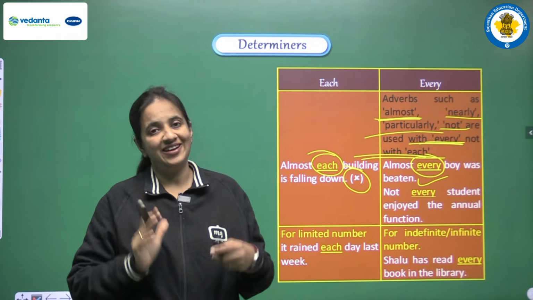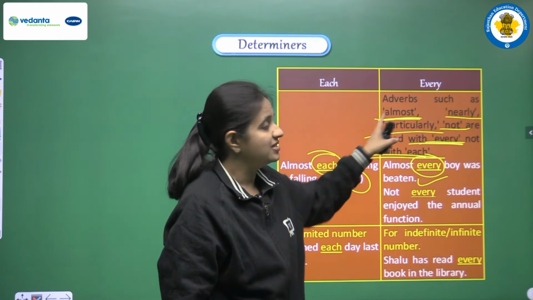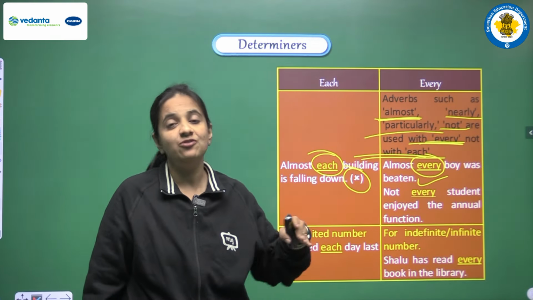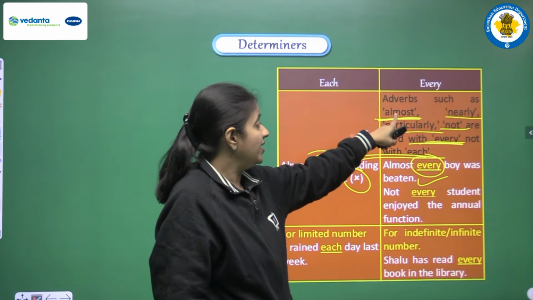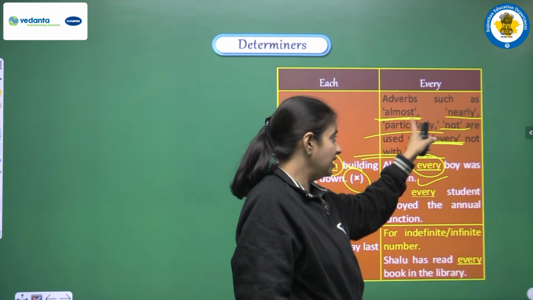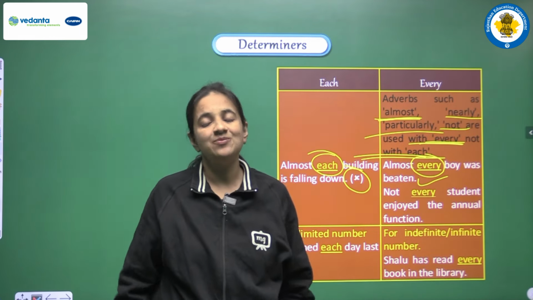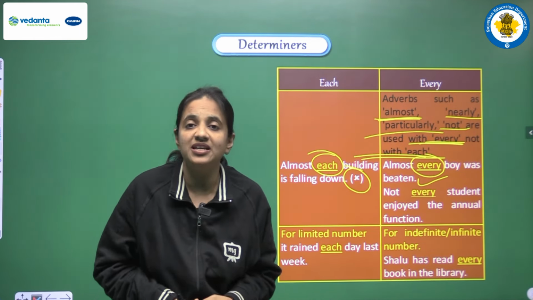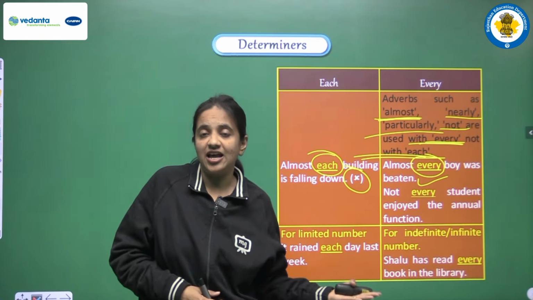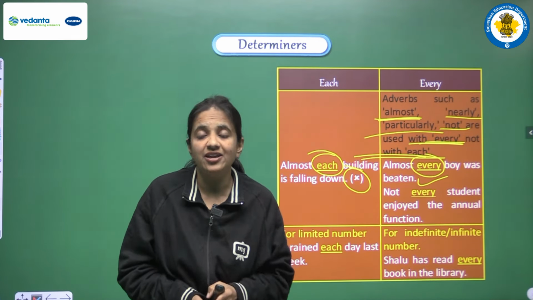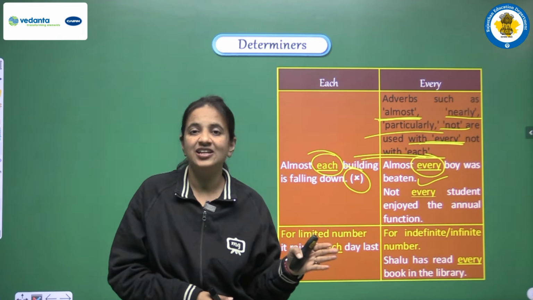This is not the correct answer because we are having some particular adverbs. I am repeating one more time these adverbs. So we are having almost, nearly, particularly, not, right? So these are some of the adverbs, and when we are having these adverbs in our sentence, after these adverbs we have to use every. We cannot use each. Okay.